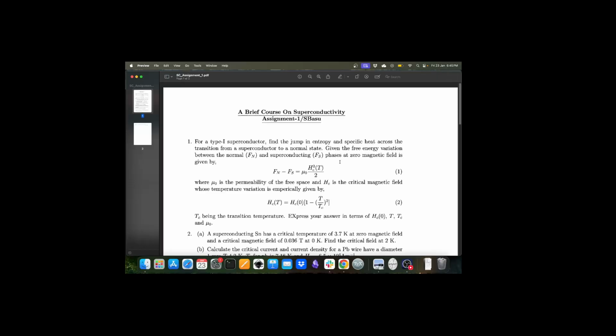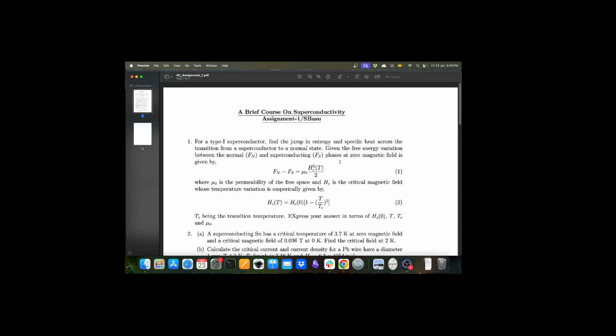Similarly, we can denote specific heat as C_V, C_SC, and C_normal. So these are the entropy and this is the specific heat.